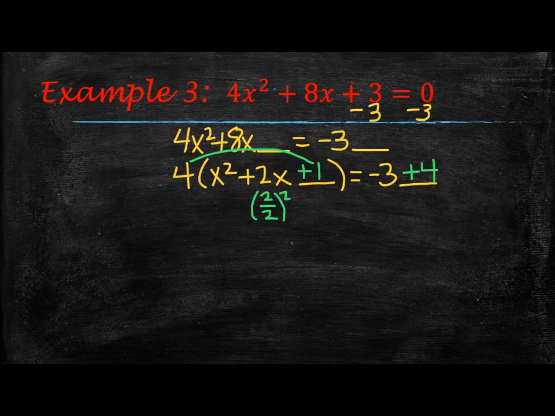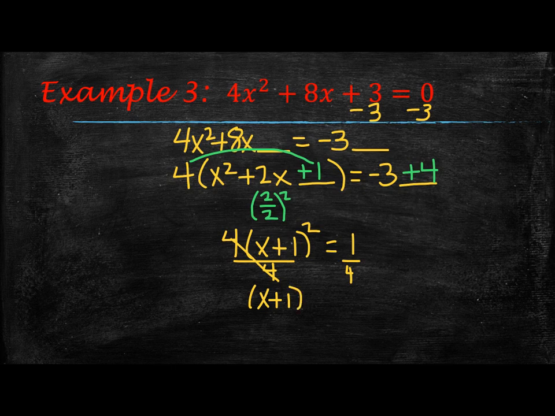Okay, then we factor it, so we have 4 parentheses. This will just be x plus 1 squared equals 1. Divide both sides by 4. x plus 1 squared equals 1/4.